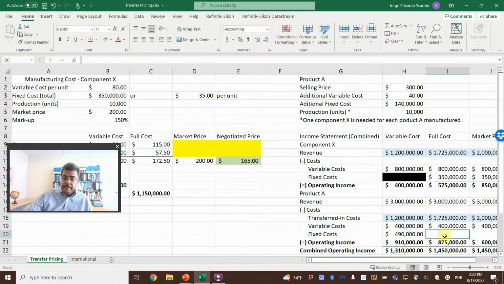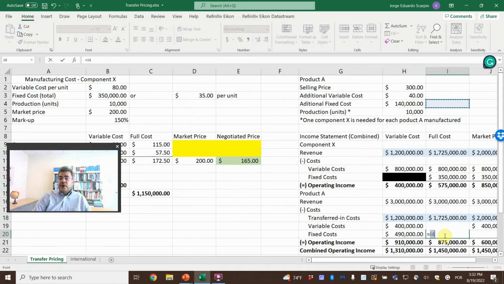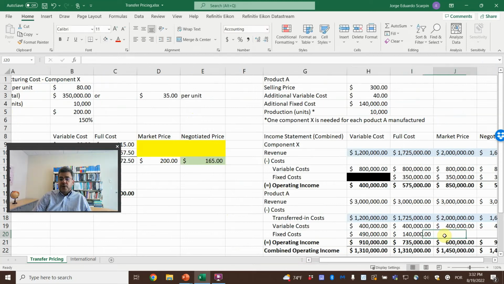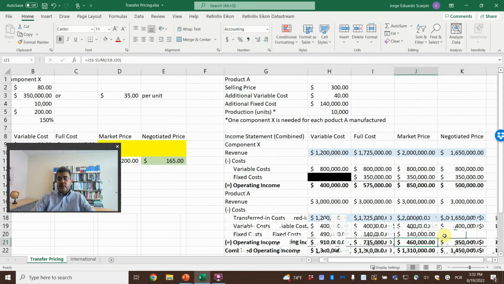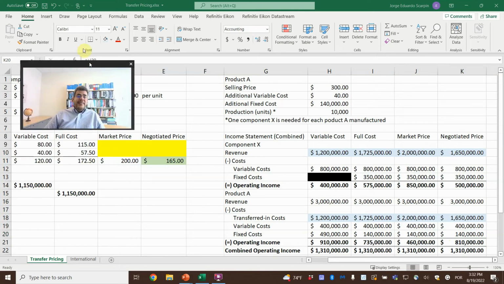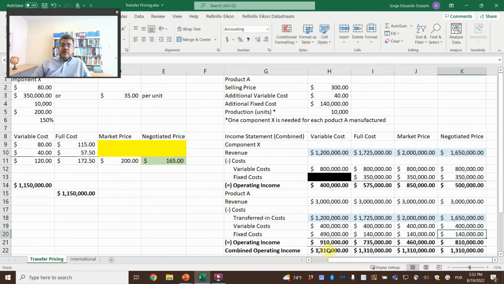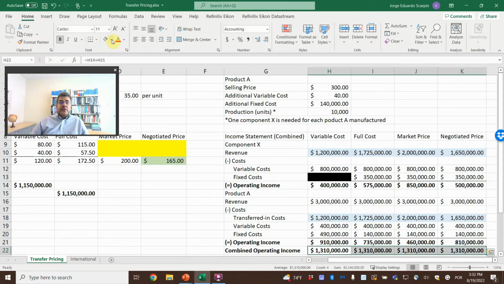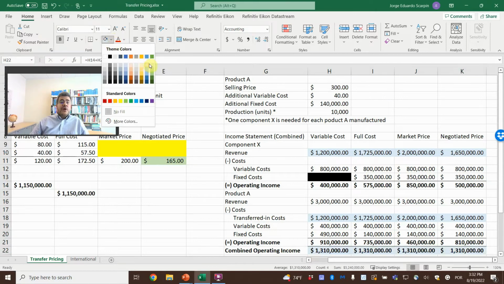And then for the full cost will be only the additional. And here only the additional. So at the very end, the combining operating income will be the same for all of the methods.